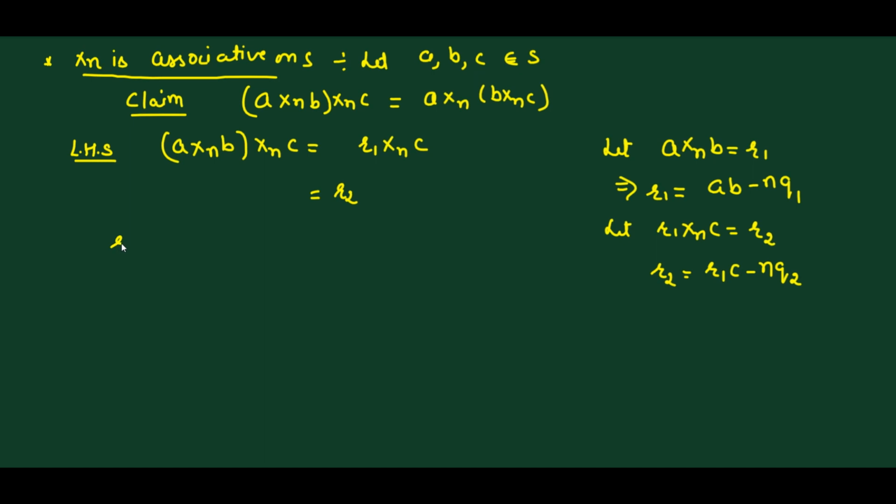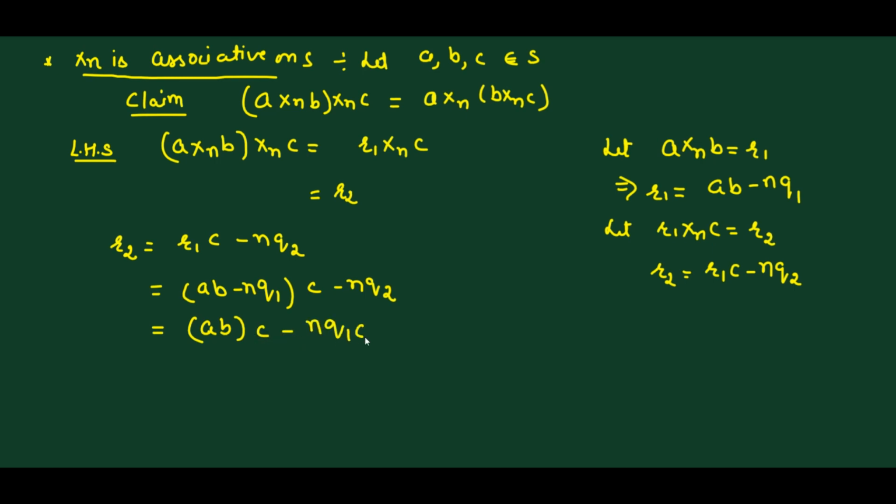Now retrace the steps back. R2 is equal to R1C minus NQ2. Now put the value of R1. R1 is AB minus NQ1, times C, minus NQ2. Open the bracket, maintaining the grouping: ABC minus NQ1C minus NQ2.